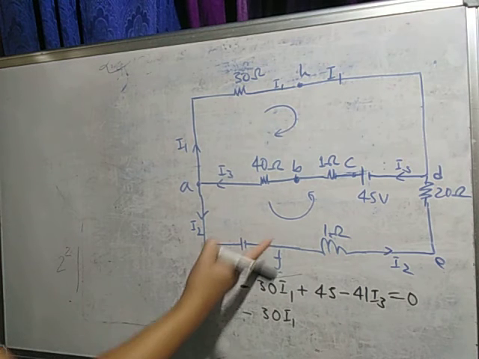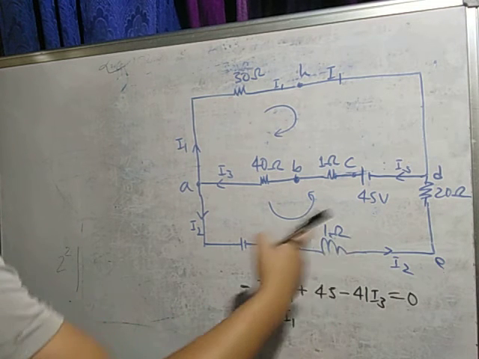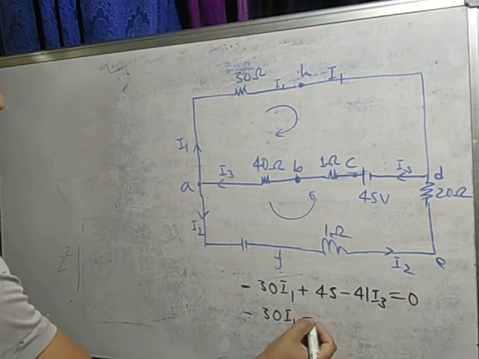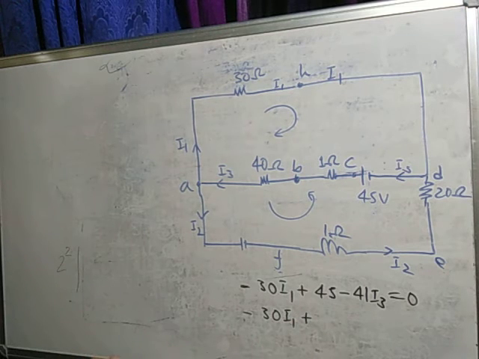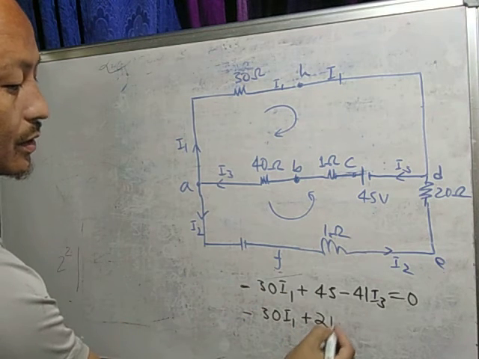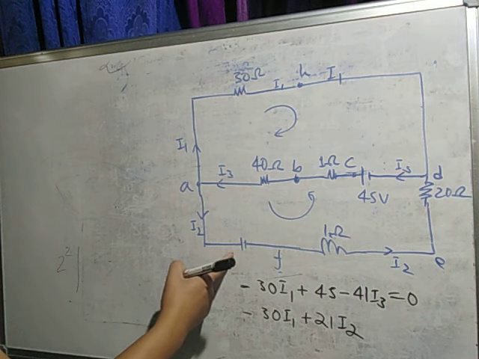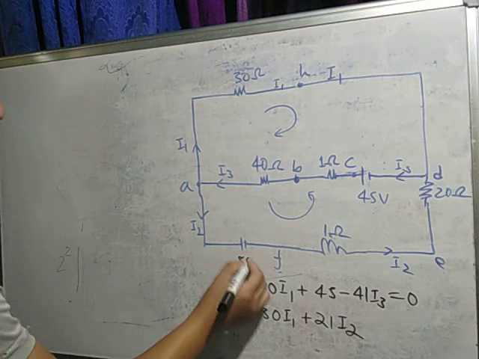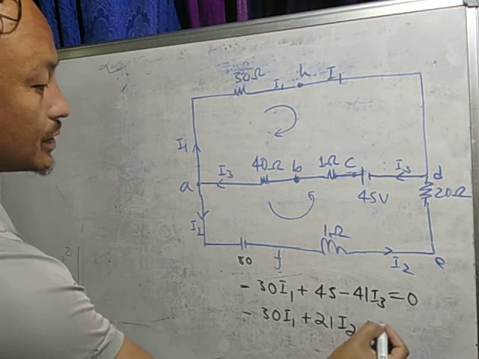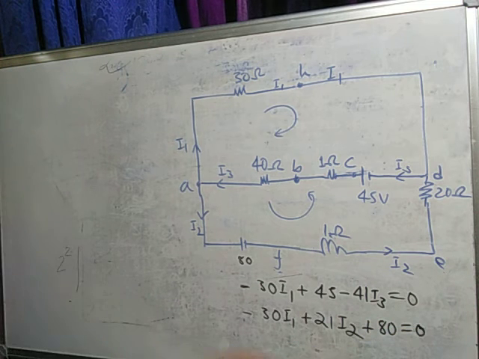Then this is different: this is the path and the current is this, so there should be plus. So plus 20 plus 1, 21 I2. Then how much is there? This one should be 80 volt, so plus 80 equals 0. So this is very easy. Just two rules are applied.